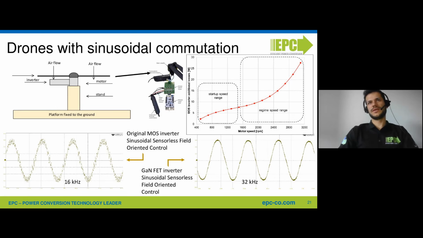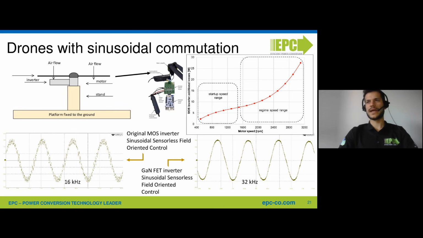Of course, in the case of these applications, maybe sometimes it depends on the drones. Sometimes it's important to reduce the dimensions. Sometimes it's not so important, but still, for sure, a gallium nitride inverter operated at a high switching frequency with respect to a MOSFET inverter is physically smaller.